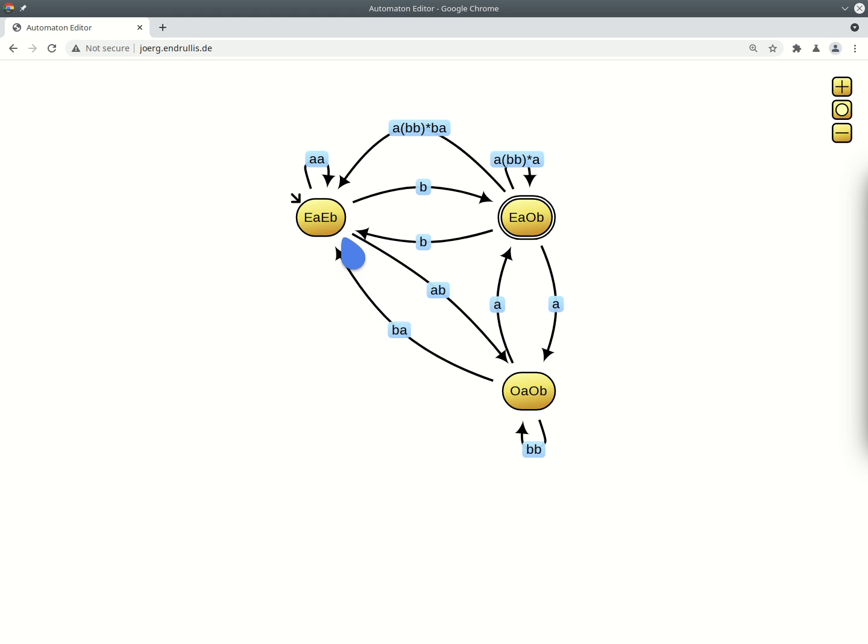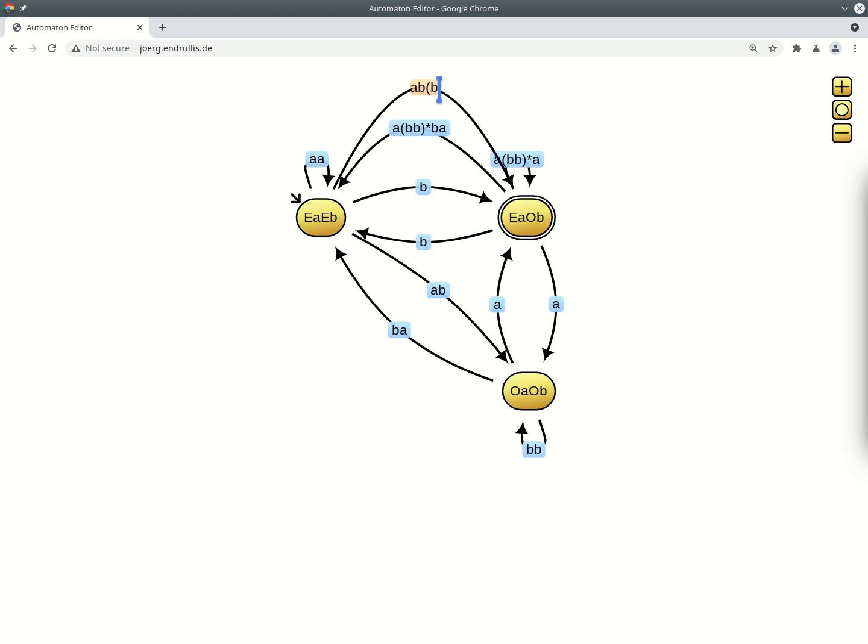Now let's look at the next incoming arrow. We have an incoming arrow AB. Let's look at the combination of this incoming arrow with this outgoing arrow. So AB, BB star, A. So we need a new transition from here to here. And the label of this transition is AB, the label of the incoming arrow.